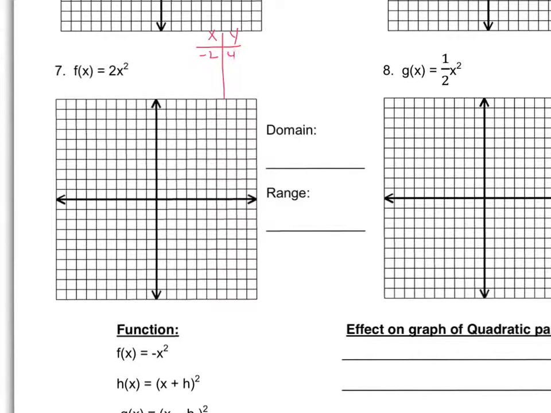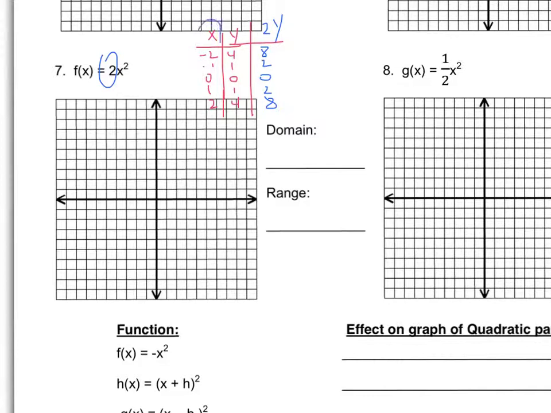Negative 2, 4, negative 1, 1, 0, 0, 1, 1, and 2, 4. Now, you create a new column next to the y, and since it's 2 times x squared, it's going to be 2y. You multiply the y by 2, so 4 times 2 is 8. 1 times 2 is 2, 0 times 2 is 0, and so on.